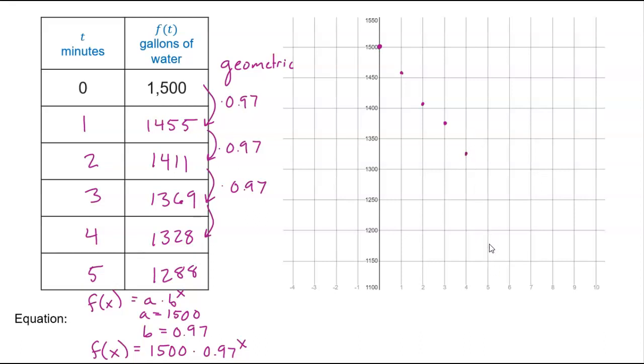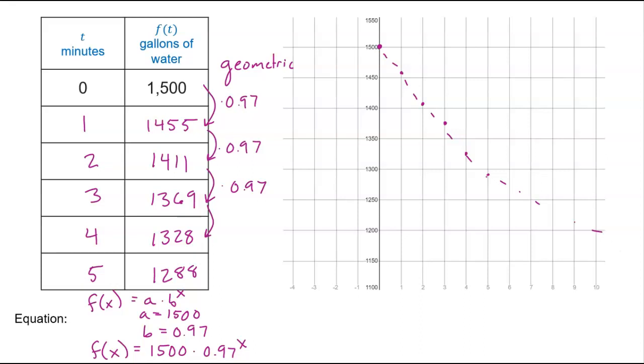And then 1288, our final one, will probably be about here. So you can see this is not quite a straight line. A straight line would come down here. This is kind of following a curve, if I could draw a curve, which I can't, that we would maybe expect to level off like that.